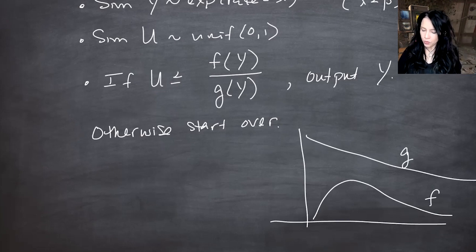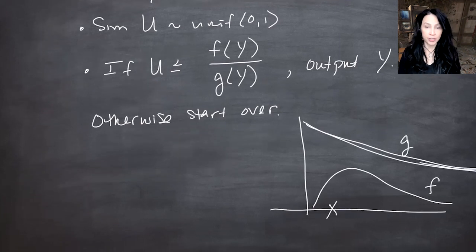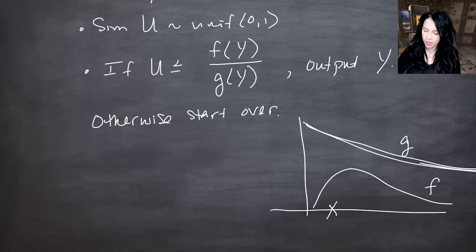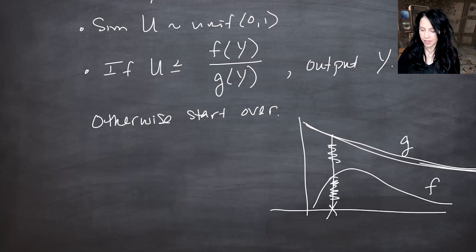Then once we draw a value from the properly normalized g, when we turn it into an h in an actual PDF, we're taking a uniform and we're trying to figure out whether it falls here versus here. Like this ratio of f to g.